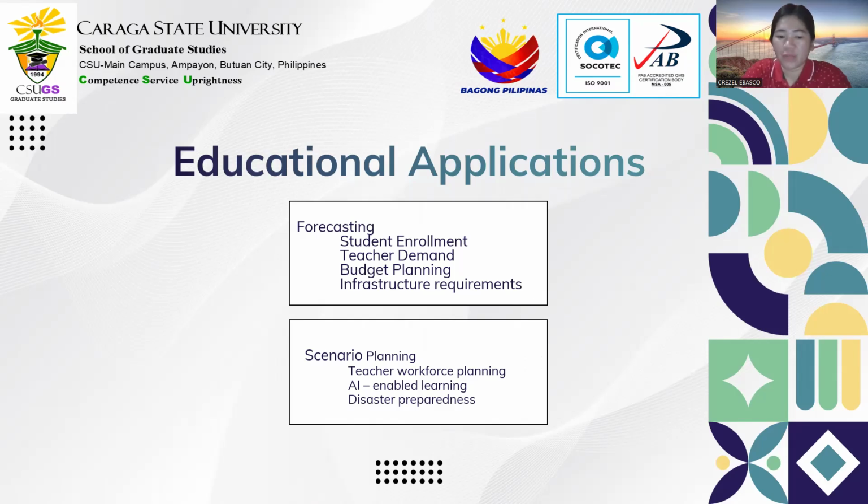While scenario planning allows schools to prepare for uncertainties such as declining enrollment, curriculum reforms, AI integration, demographic changes, natural disasters, or future pandemics. So these approaches support evidence-based educational leadership.